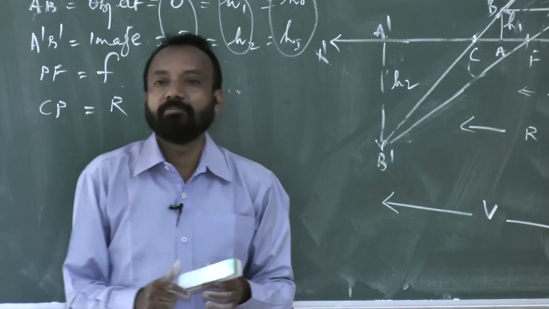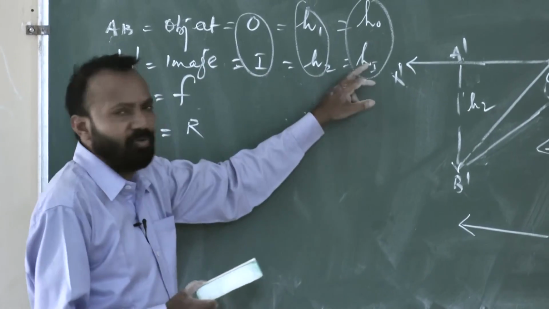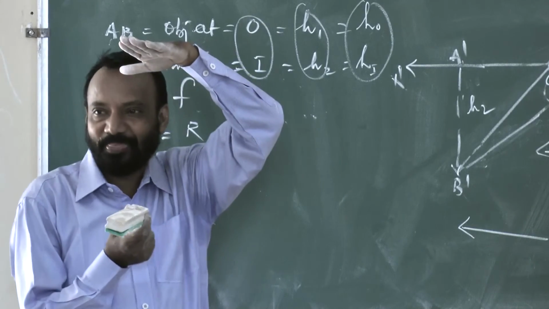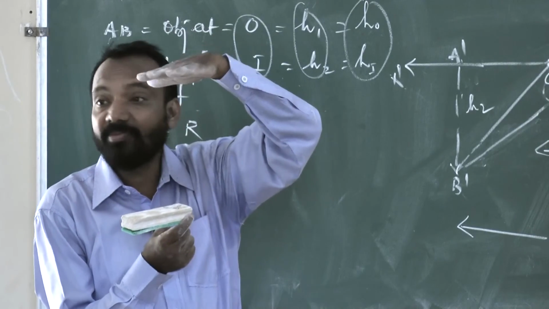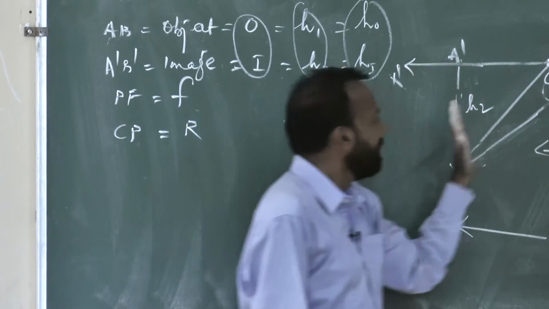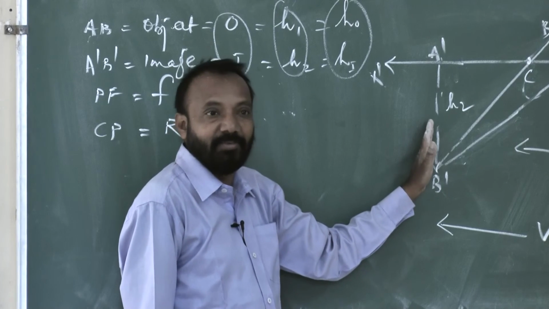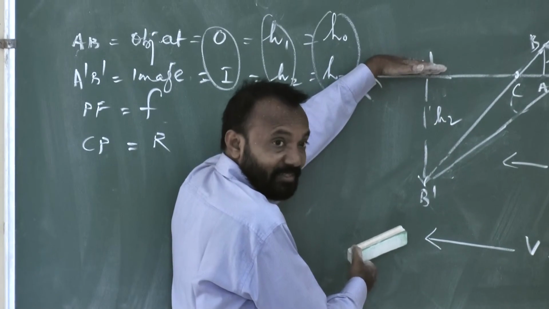Here some doubt will come: Sir, you have written image, I, HO. What is that then? That is the size of the image or height of the image, not the distance. Distance is from the mirror to the image. That is the image distance. And this is the principal axis.